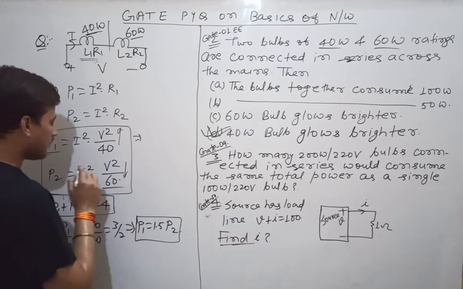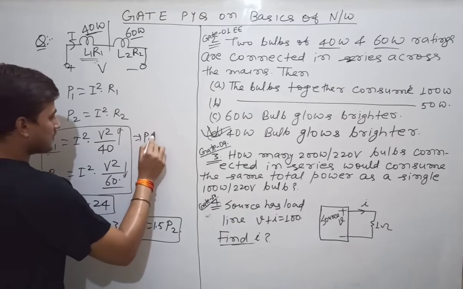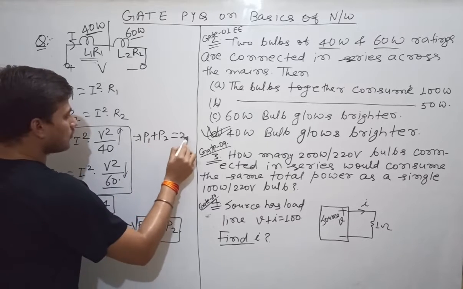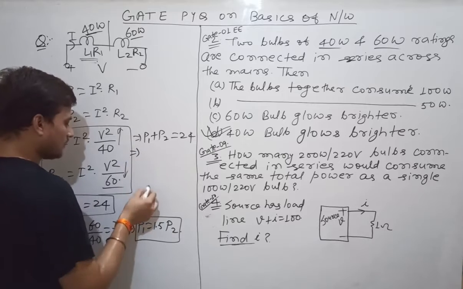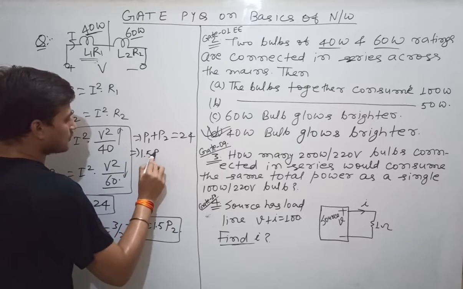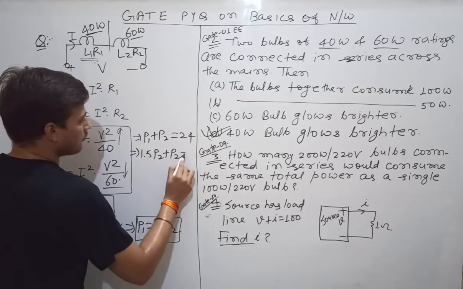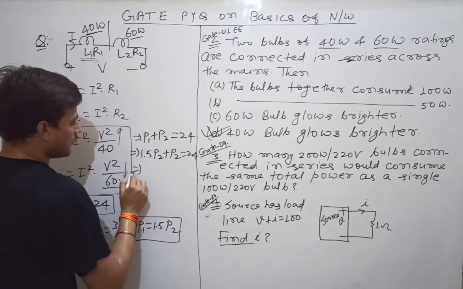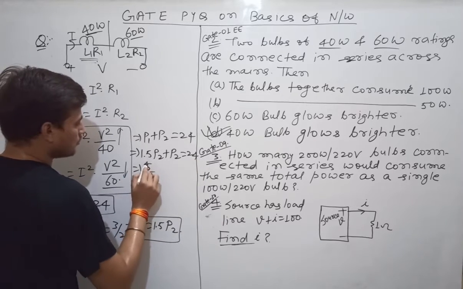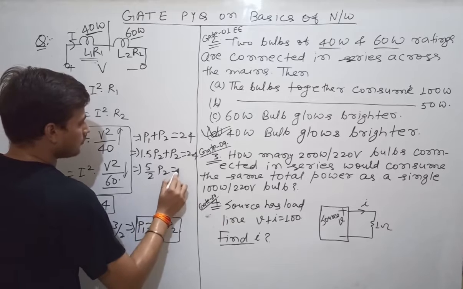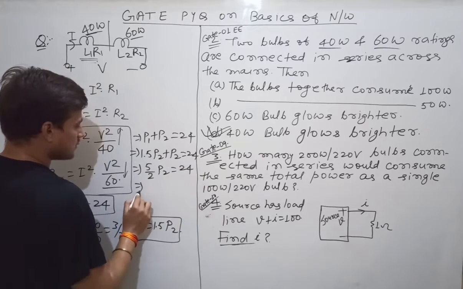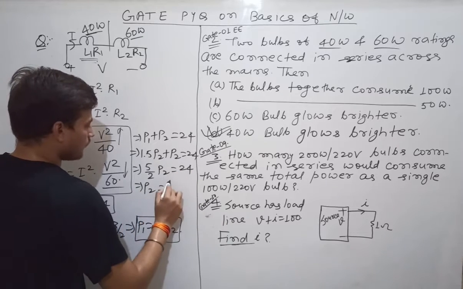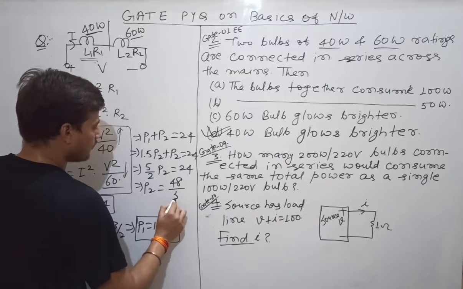From here you can easily write P1 plus P2 is equal to 24. Instead of P1 you write 1.5 P2 plus P2 equal to 24. That means 5 by 2 P2 is equal to 24, so P2 is equal to 48 divided by 5.